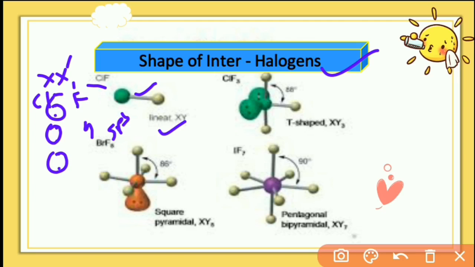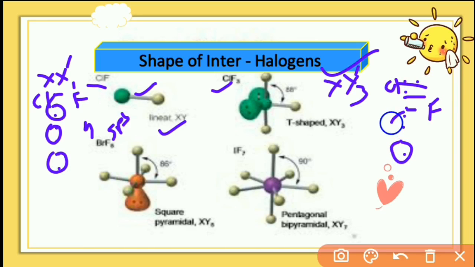Next type of interhalogen is X-3 type, for example ClF3. Here also the chlorine atom has 7 electrons. 3 fluorine atoms form bonds with the chlorine atom and 2 lone pairs of electrons are present.